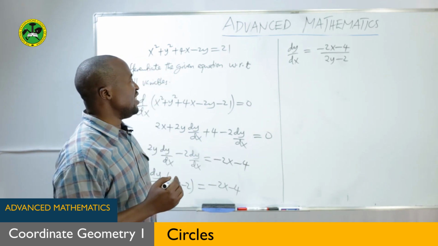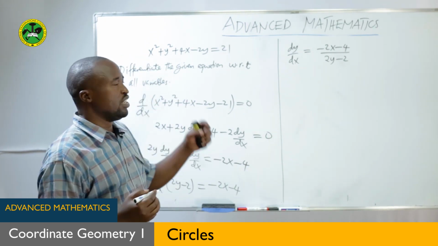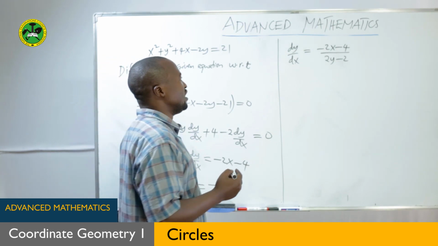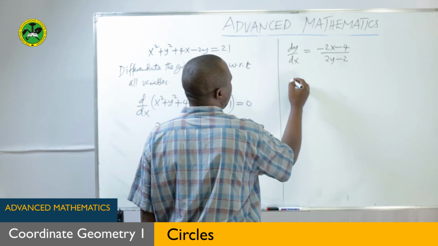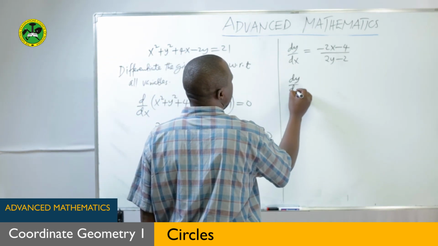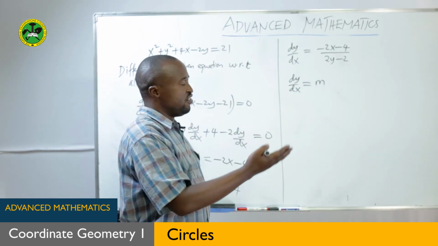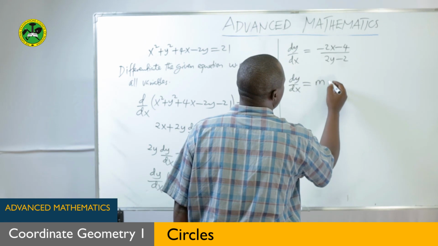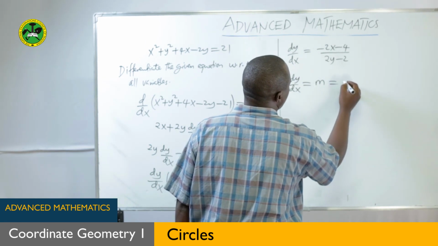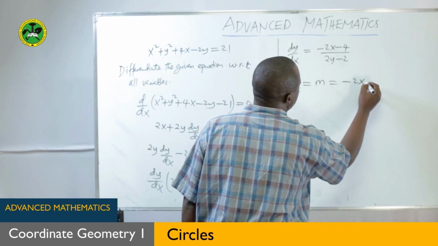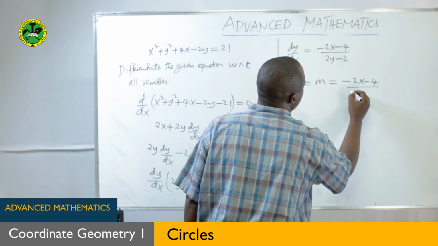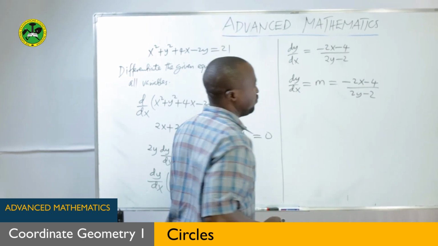So that is the derivative of our equation. But derivative is the same as the slope. So remember dy/dx is the same as m. That is the slope of the line, which is equal to negative 2x minus 4 over 2y minus 2.